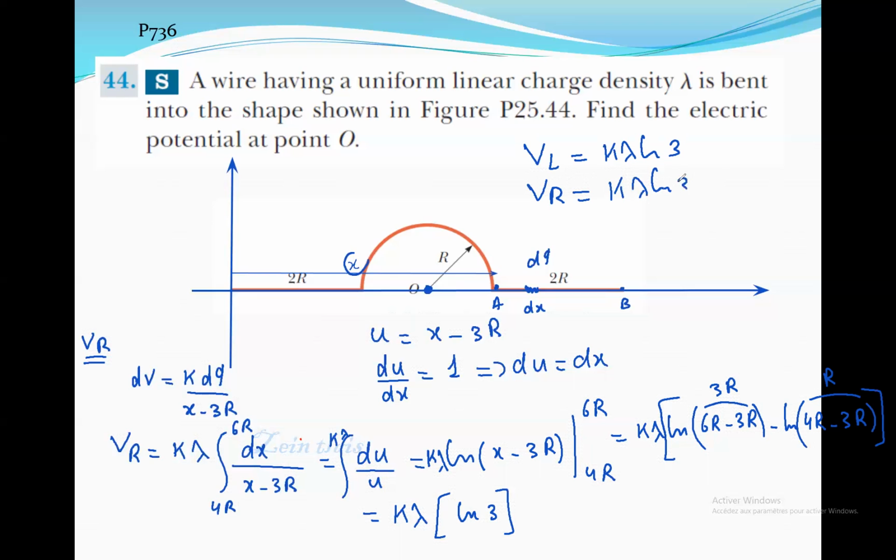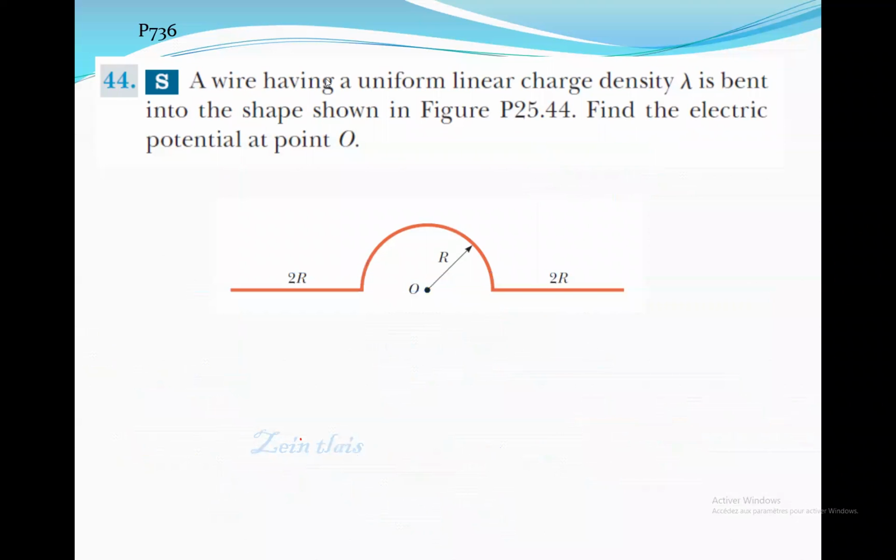Okay. Now it's time to calculate this one. We can follow the same procedure here. We take dl and we have dq at this point. We don't need to take it in terms of the x-axis.